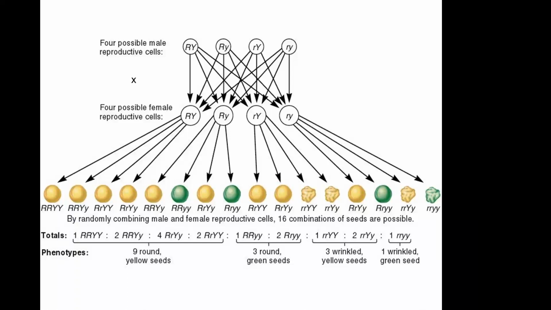So there's 16 possible combinations. Of those 16 possible combinations, they can be grouped into 4 groups phenotypically. Okay. We call it double dominant, hybrid, hybrid, double recessive.